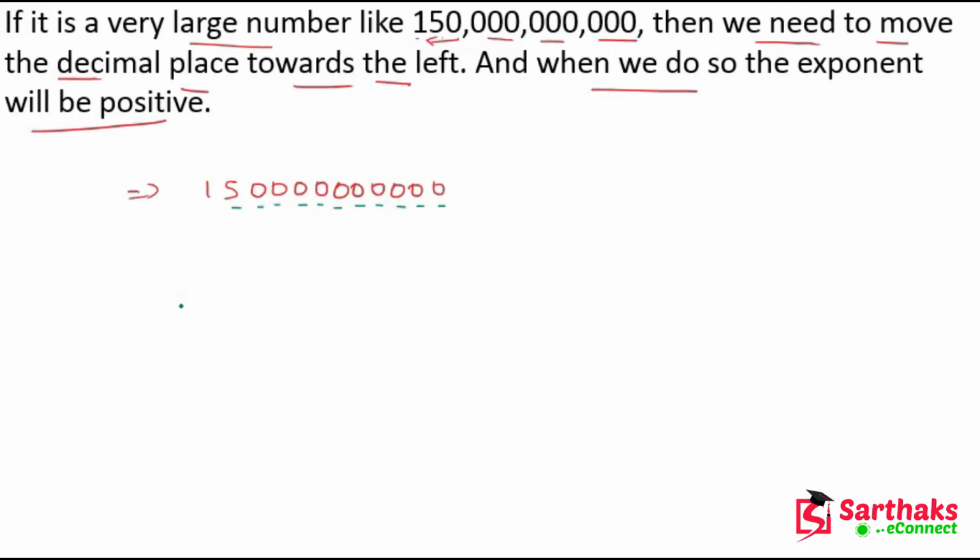So there are 11 digits in total, since the decimal is moved 11 places until it is placed between 1 and 5. So the standard form representation of the large number will be 1.5 times 10 raised to power 11. This is the standard form.